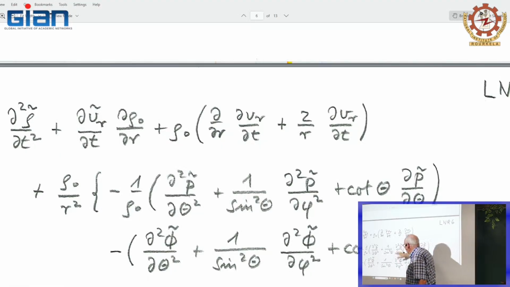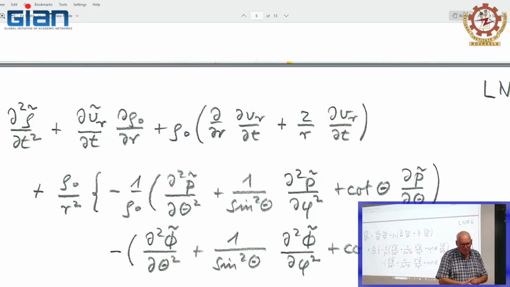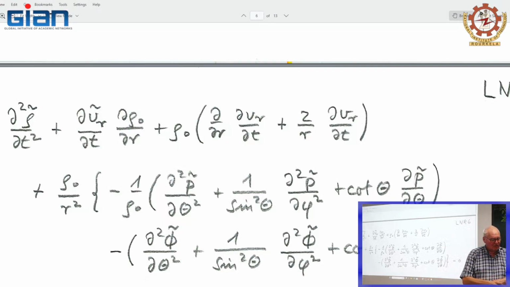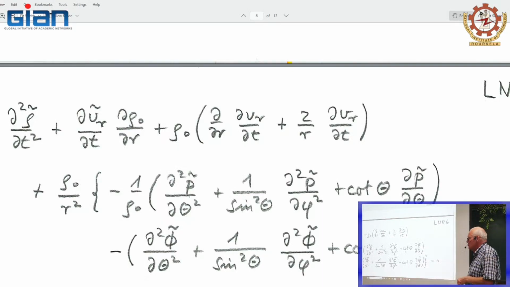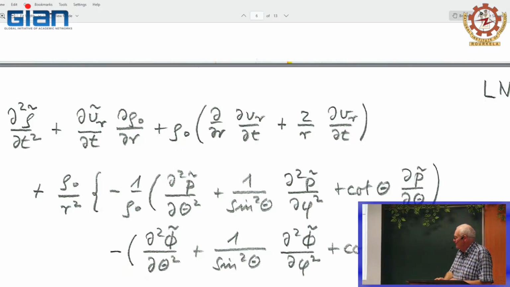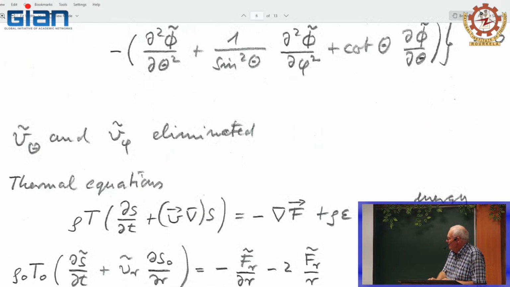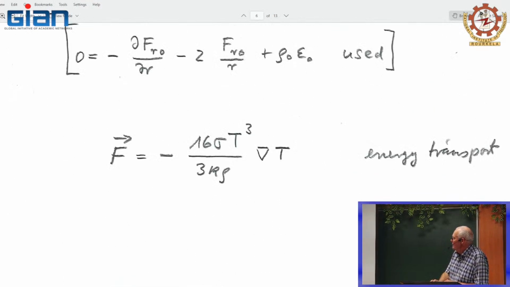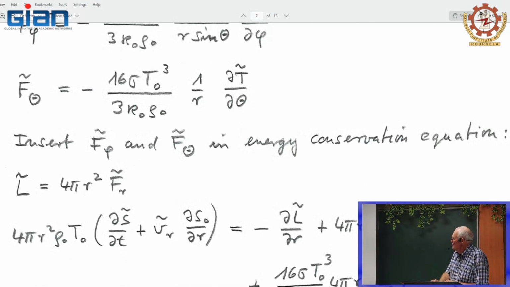So this part and this part each give l(l+1) times the Eulerian pressure perturbation or the Eulerian perturbation of the gravitational potential. So these big expressions reduce to l(l+1) times the perturbed pressure and the perturbed gravitational potential.